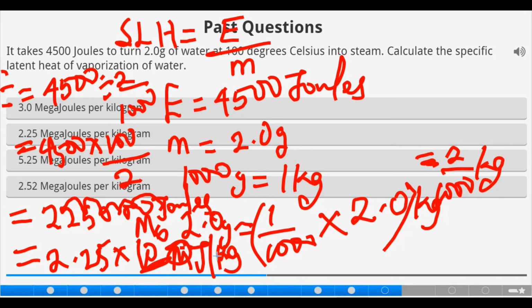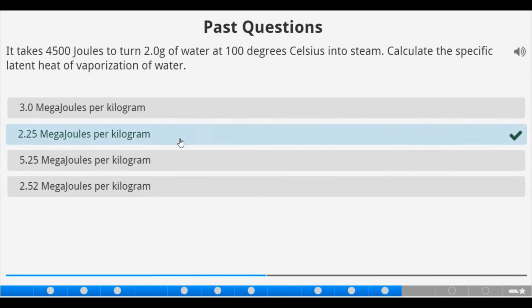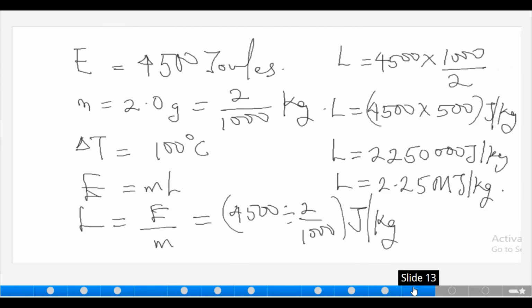Mega. That's megajoule per kilogram. With that, we have 2.25 megajoules per kilogram. So let's pick it and see. That's correct. So I've already provided the answer here, as you can see, and check the process also from the left hand side to the right hand side. All right.